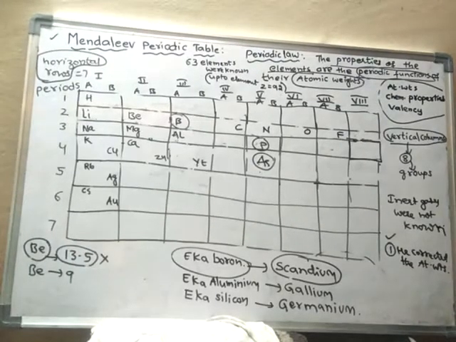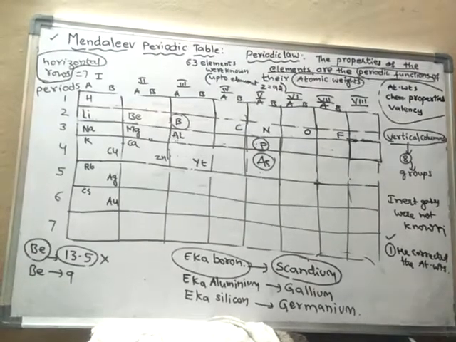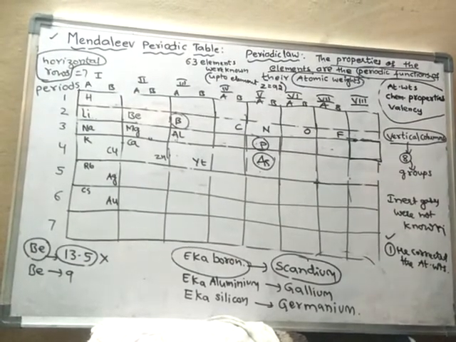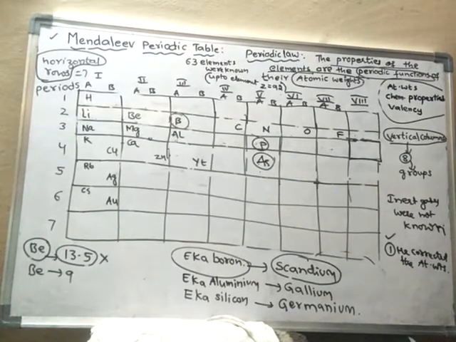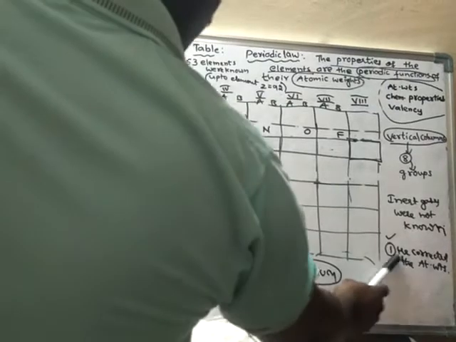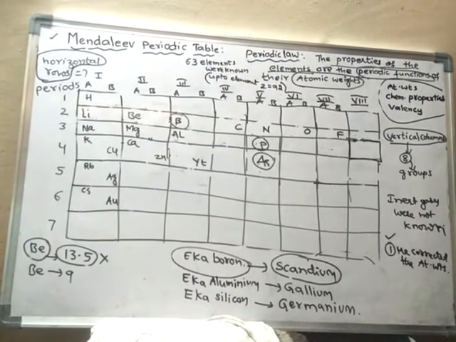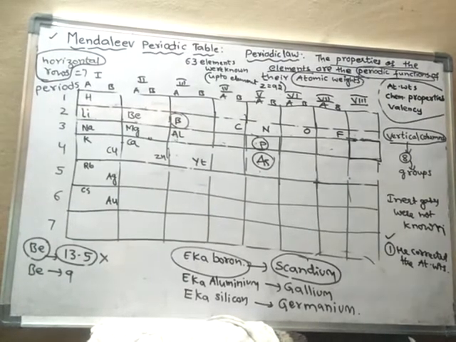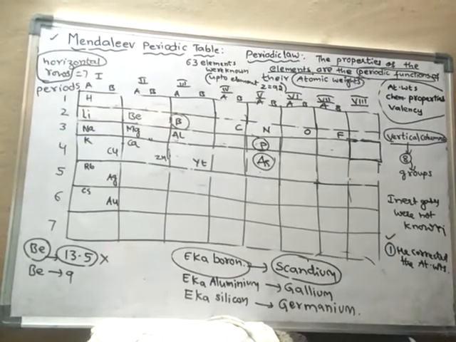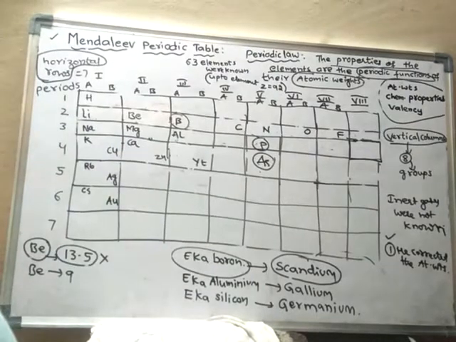Not only leaving the gaps, he also predicted the properties of those elements which should be filled in those gaps. Like this, he corrected the atomic weights of few elements, and he left a few gaps in order to accommodate the missing elements. Here and there he left gaps.